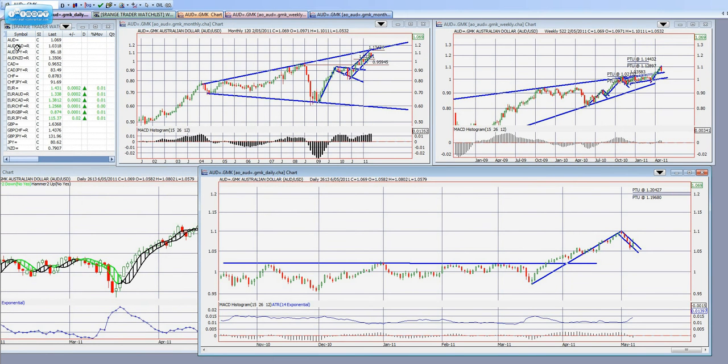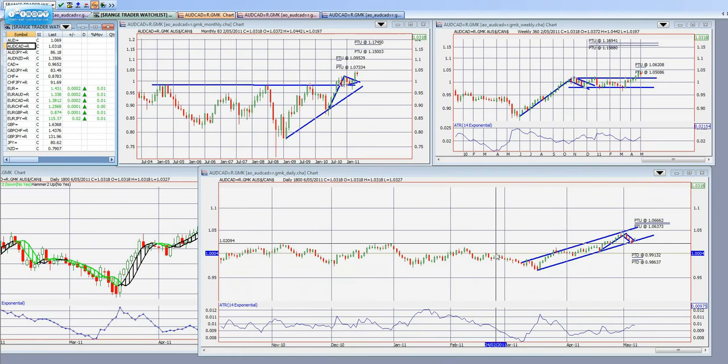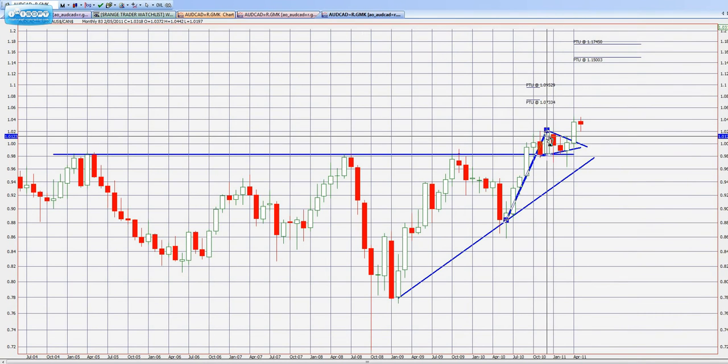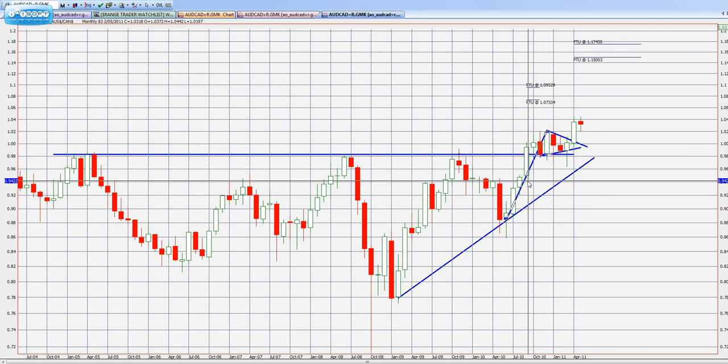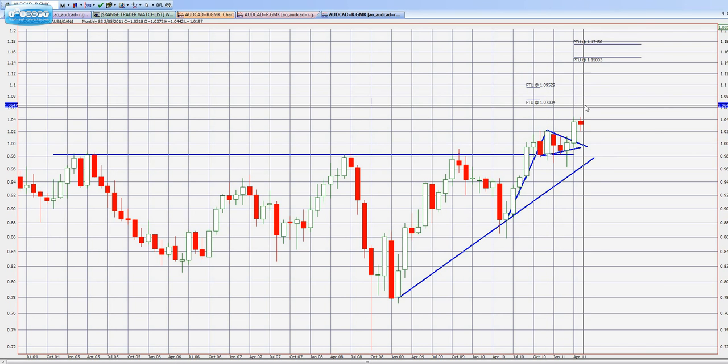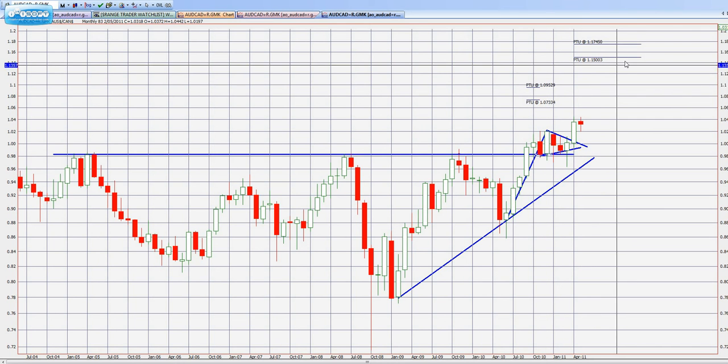Now the Australian CAD is the one that I'm looking at more closely, because this is one that I would like to take a long on. The monthly has already shown me, with a break of this pennant formation, a higher target of 115 to 117.